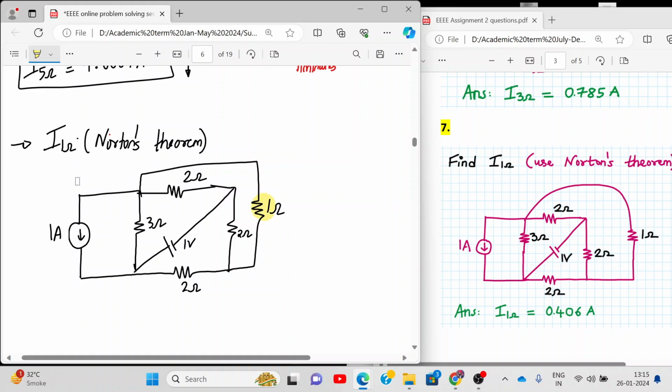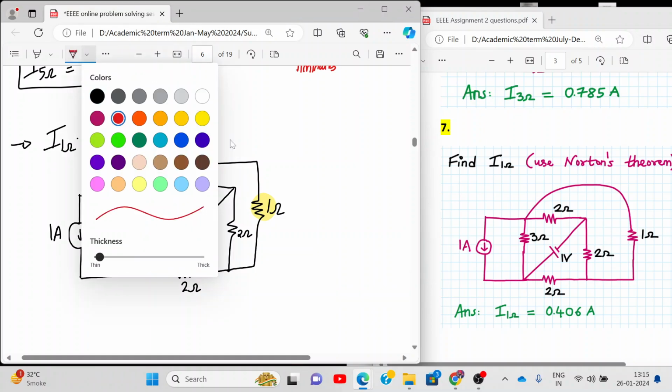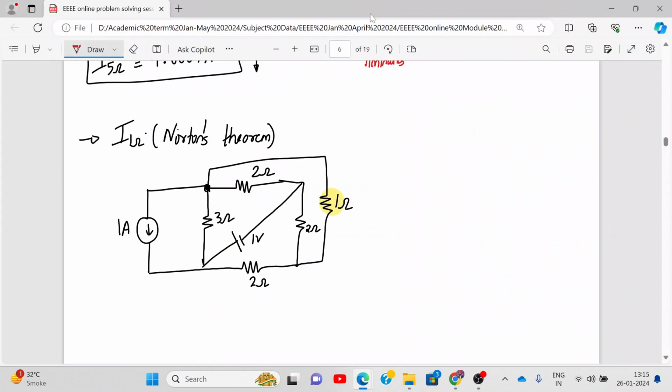This is RL, 1 ohm. So where is A and B? Point A is over here. Let me mark it with a different color. Please complete the diagram. So this is A, this is B. Alright?